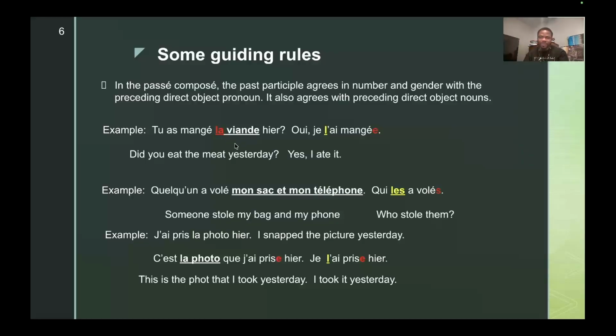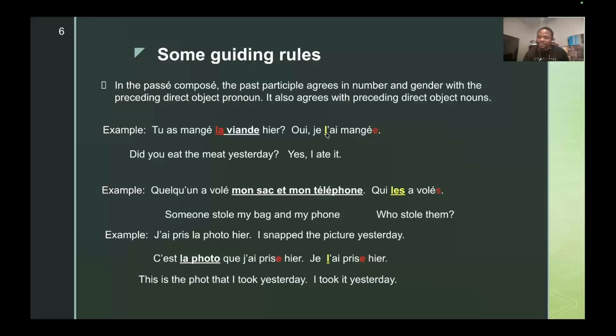Okay, we have la viande, which is feminine. But the answer says, oui, je l'ai mangée. Yes, I ate it. So the question is, j'ai mangé quoi? I ate what? L apostrophe. That's the direct object, which is placed before the verb. And because it is placed before the verb, the past participle has to agree. So how do we know?